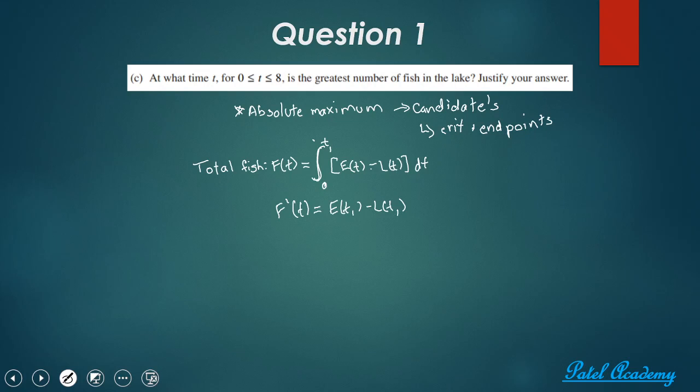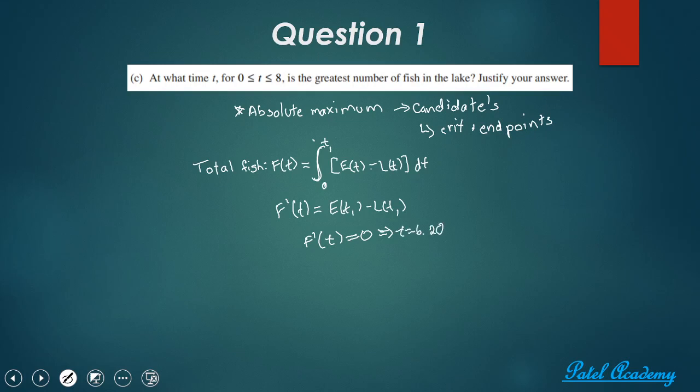And now we have to find our critical points and then our endpoints. So to find our critical points, just set E(t), in this case, minus L(t) equal to 0. And when you plug that into your calculator, you get time t equals 6.204.